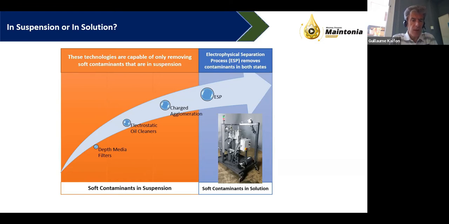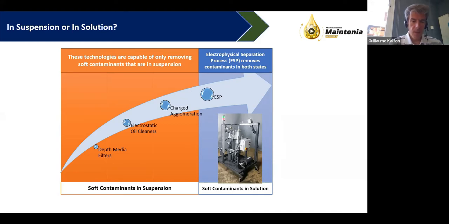something that looks like a filter. And since the origins of this problem, many types of mechanical filters have been tried, such as depth media filters, electrostatic filters, charged agglomeration filters. These are partially effective. So if you use those, you will see a drop in the MPC test, and the problem will be somewhat reduced.